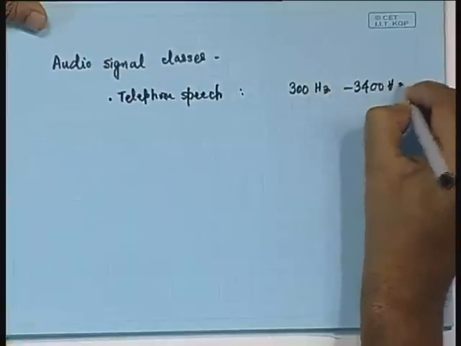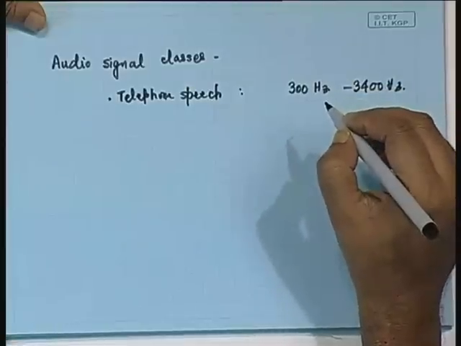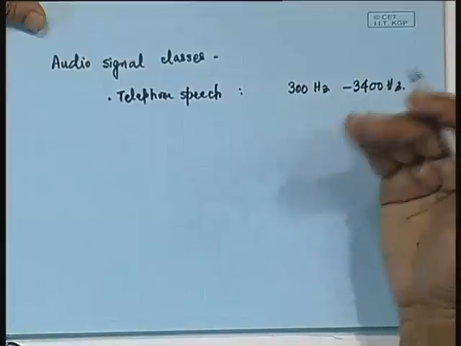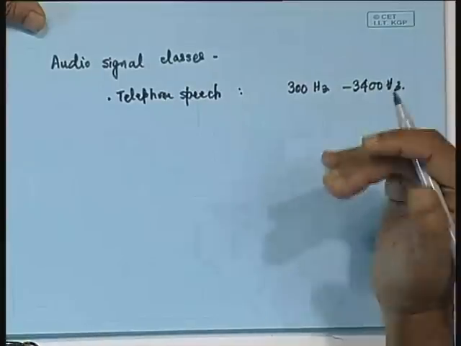The intelligibility and the naturalness of the speech is somewhat poor at 3400 hertz, but tolerable, because for telephonic speech transmission we are not that worried about the quality of the audio, in the sense of distortions or the naturalness of the voice, but as long as the intelligibility is enough, we can accept that.